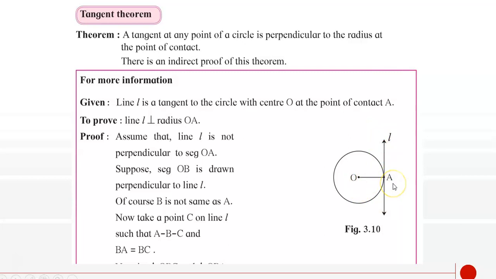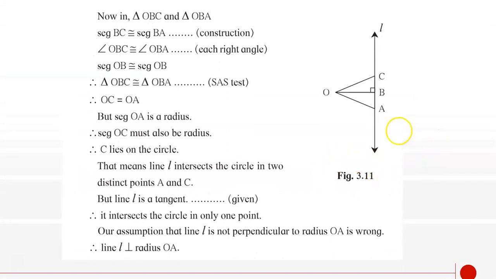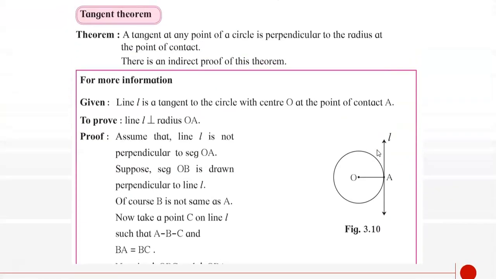Suppose I have segment OB drawn perpendicular to line L. So I'm assuming this as a construction. OB is perpendicular to line L. So it looks something like this. This is my construction.